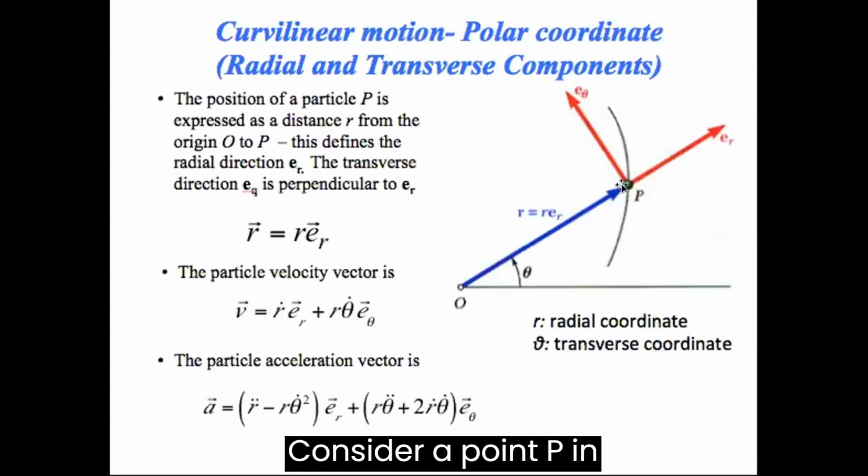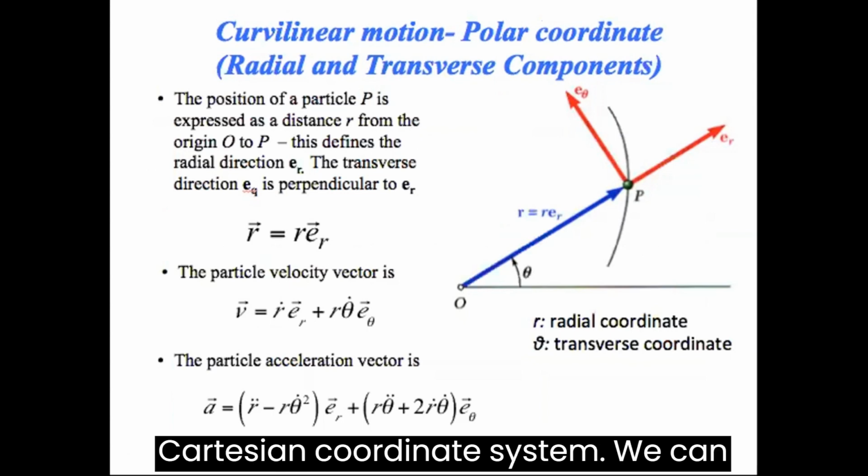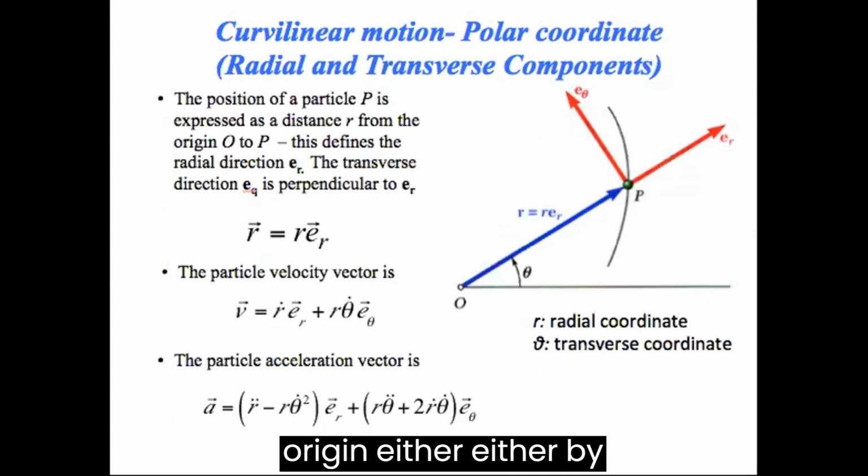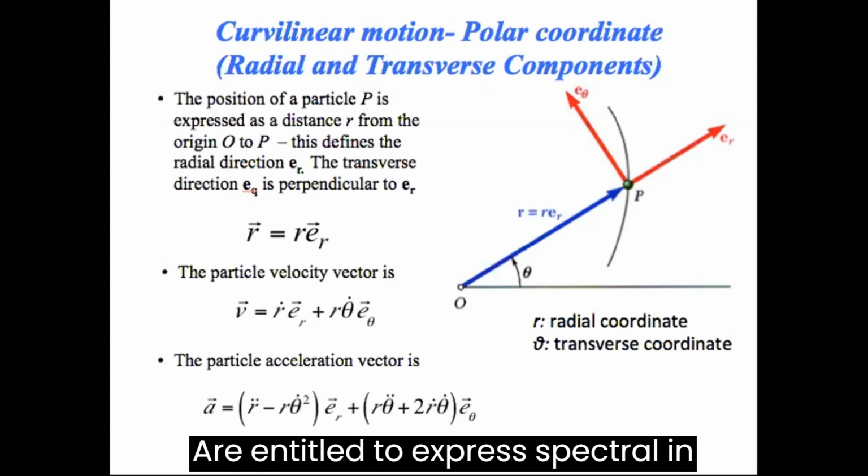Consider a point P in the x and y plane of a Cartesian coordinate system. We can specify the position of P relative to the origin either by Cartesian coordinates x, y or by its polar coordinates r and theta.